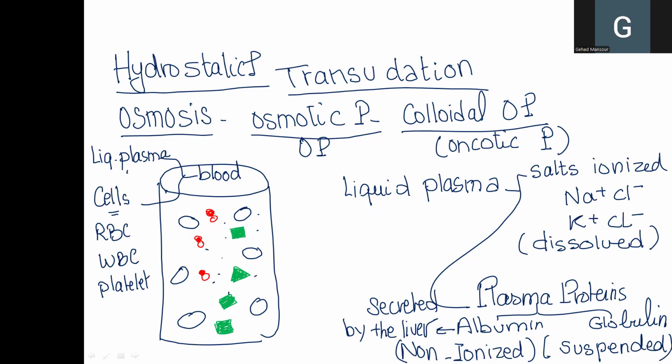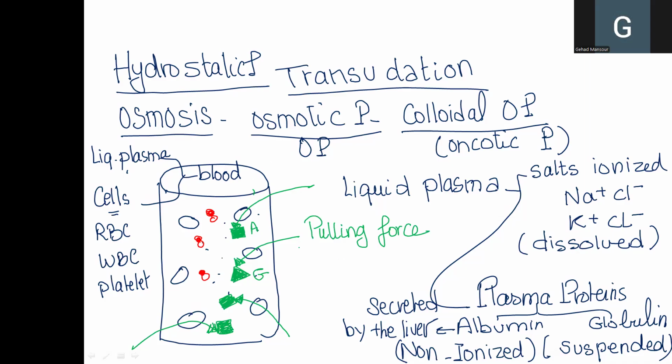Whether we are talking about albumin and globulin, or we are talking about sodium chloride, they all attract water to the inside of the blood capillary. So they pull water through the pores to the inside of the blood capillary. So they exert a pulling force on the water that surrounds the blood vessel.